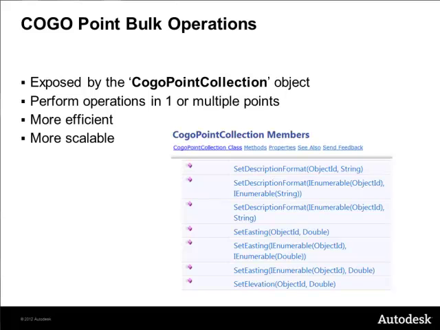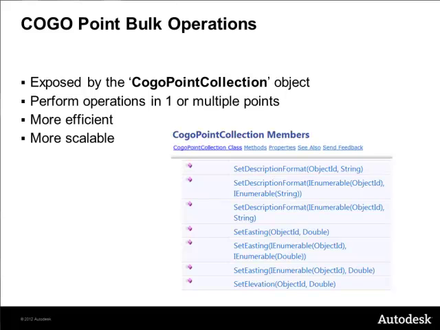All the data for the Cogo Points in a drawing is stored in what we call internally the points node. An abstraction of this node is provided through the API in the form of a Cogo Point collection object, which is exposed by the Cogo Points property of the Civil document object. This design allows the Cogo Point collection to expose an interface that makes editing Cogo Point properties very efficient when processing multiple Cogo Point objects.